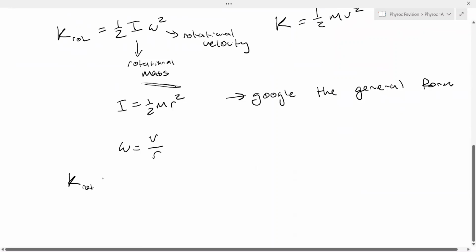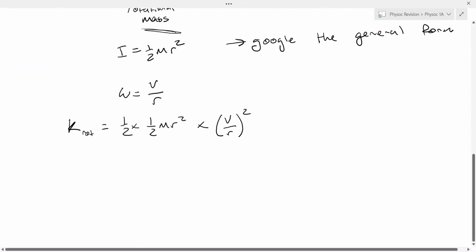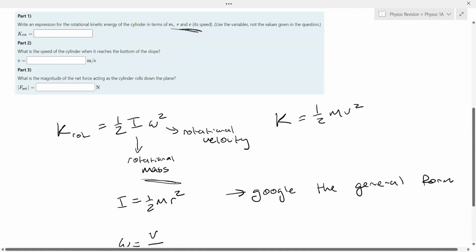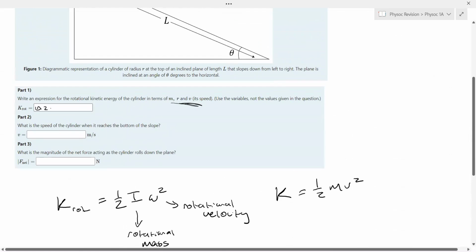Our rotational kinetic energy is equal to half times half mr squared times v on r, all squared. And we can simplify that out. We'll get rid of the r squared at the top and the r squared on the bottom. And we get 1 on 4 mv squared. And of course, you'll write that in Moodle as 0.25 times m times v to the 2.